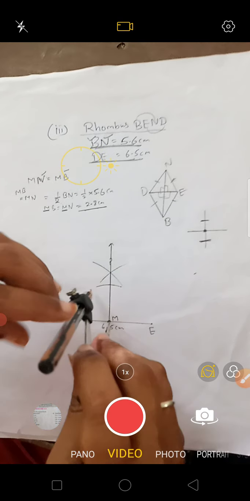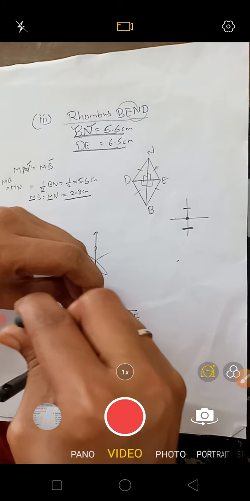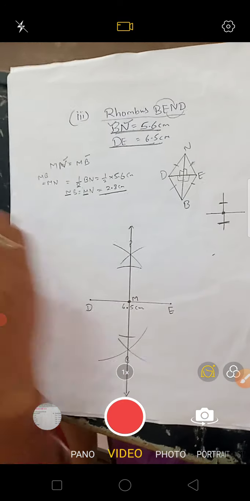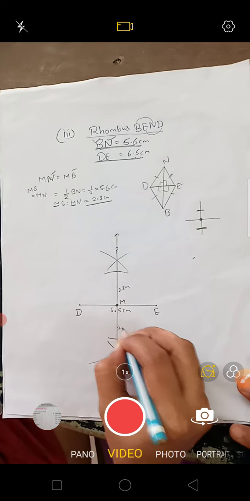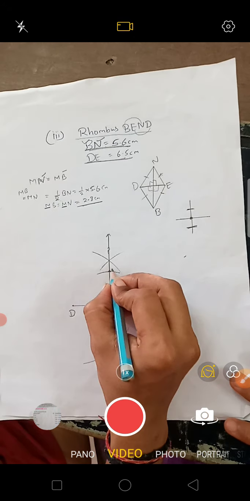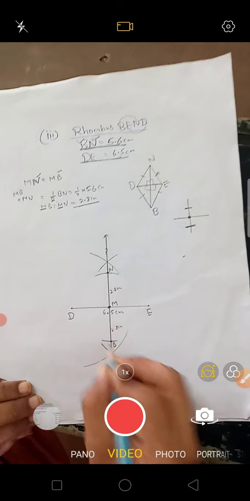We draw it this way, and then on the bottom side the same distance, 2.8. It means the total distance is 5.6. It is 2.8 centimeters and also 2.8 centimeters. Then we give the names: it is MN and it is MB, the intersecting points on the given previous line.